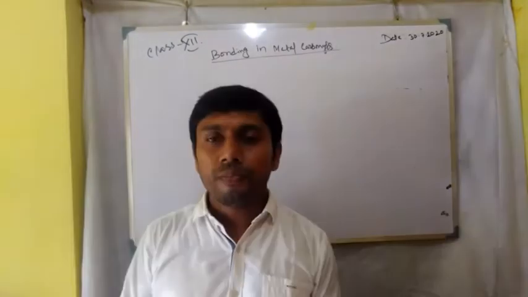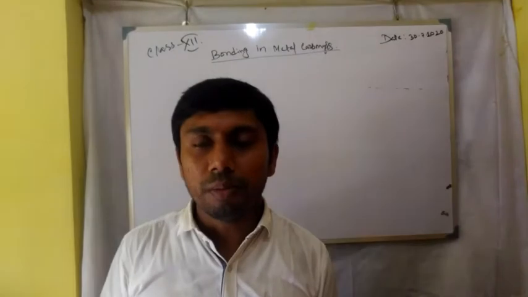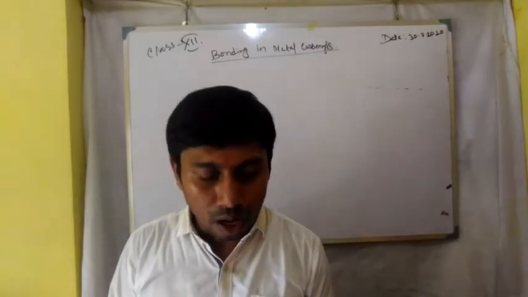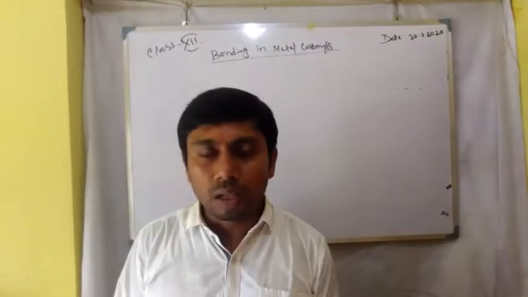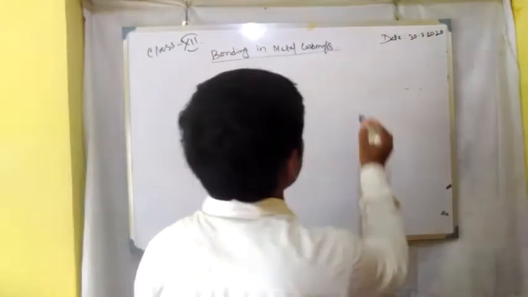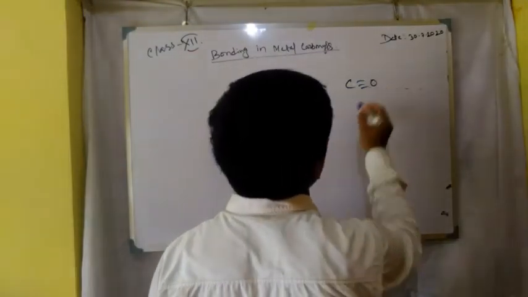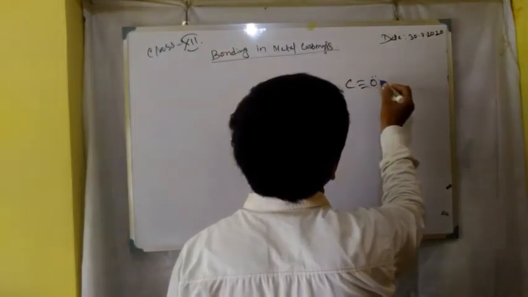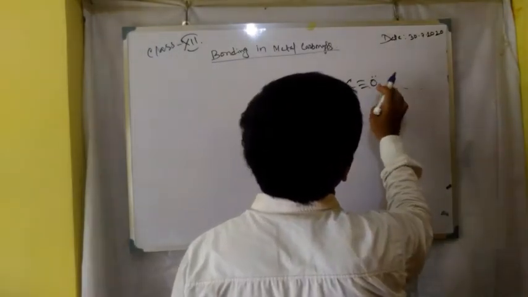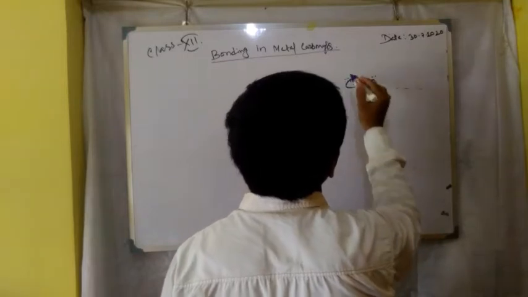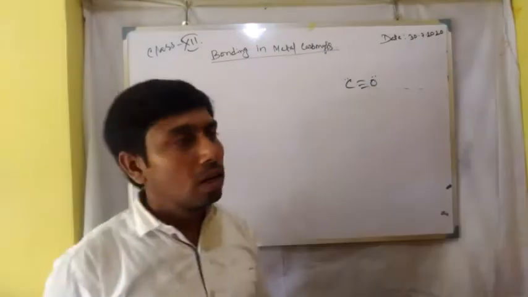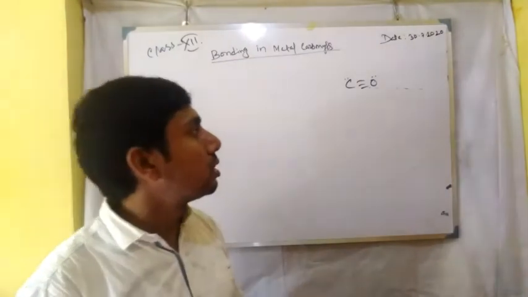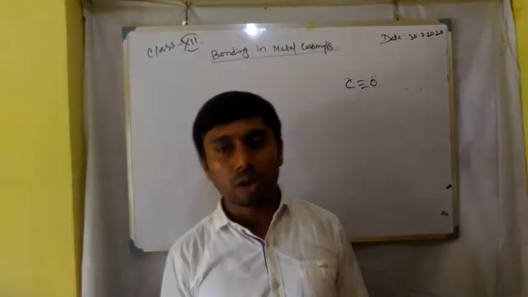Now, what is the bonding pattern in metal carbonyl? The carbonyl has this structure, and how many bonding electrons? 2, 4, 6, 8. Yes, so this is the electron dot representation of carbonyl, that is carbon monoxide.